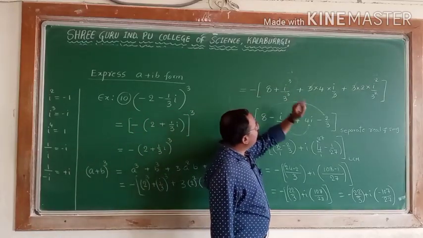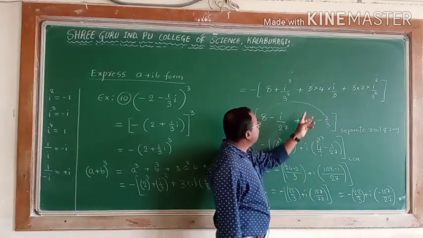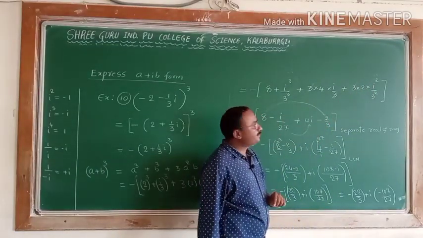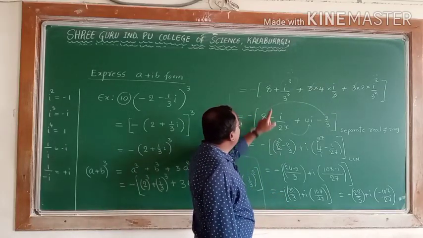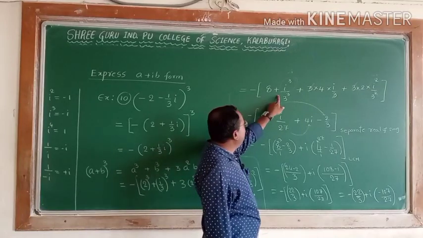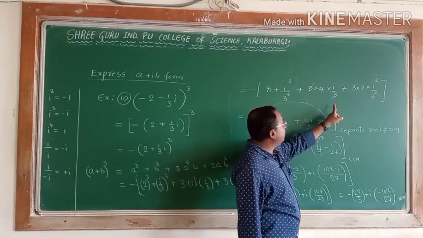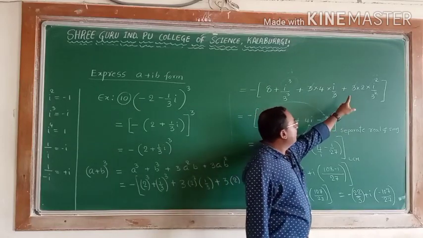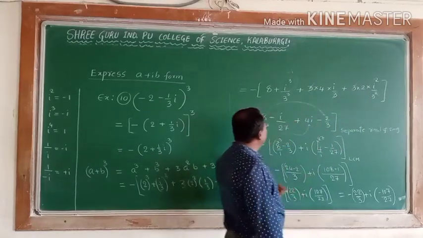i cube value is minus i, i square value is minus 1. Substitute these two values. If anything cancels, cancel it. That is 8 as it is, minus i by 27, 4i, the 3 gets cancelled, 2 by 3, minus.